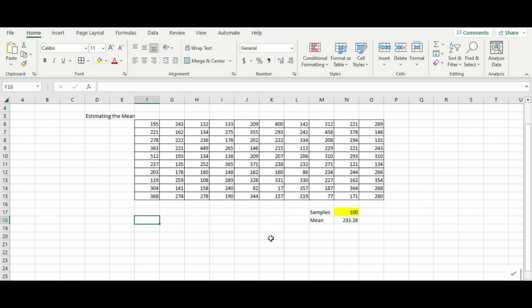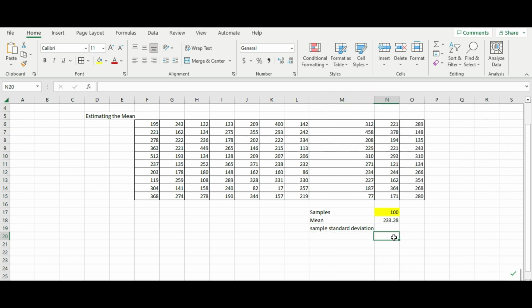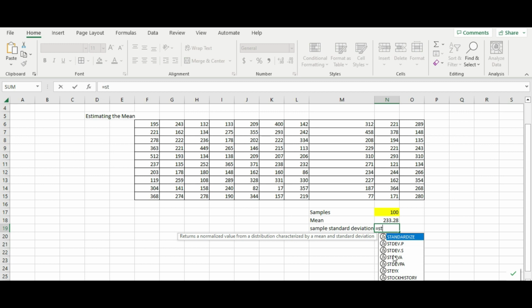Okay, so for the last example, we used the population standard deviation to estimate the confidence interval. Now we will be using the sample standard deviation. We just have to use this.